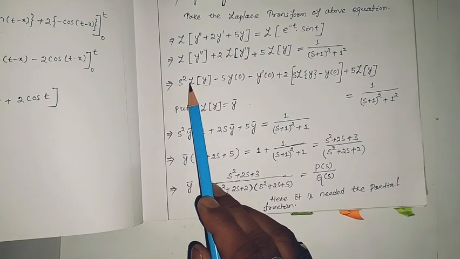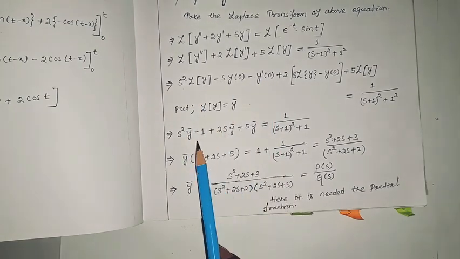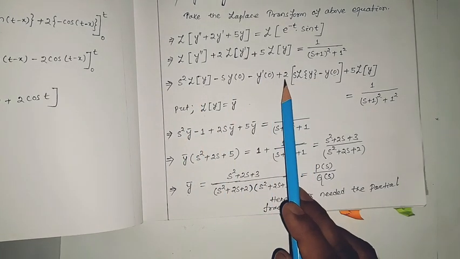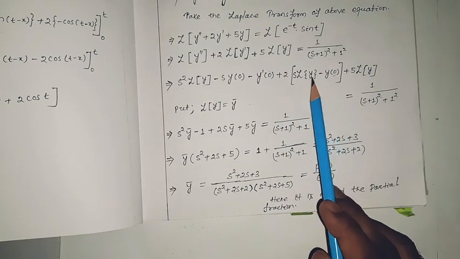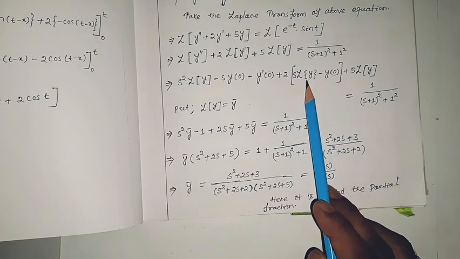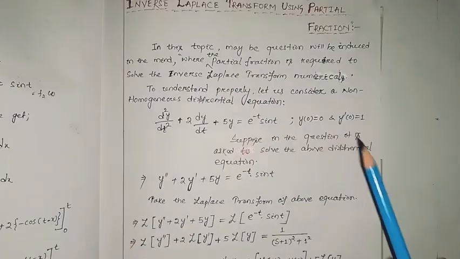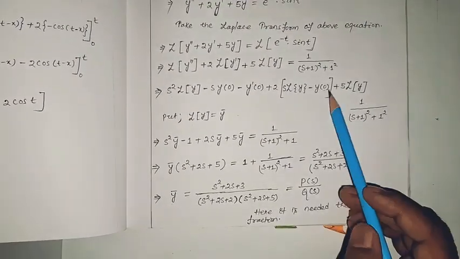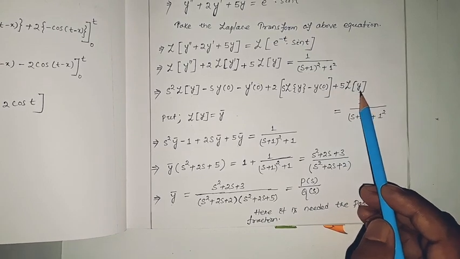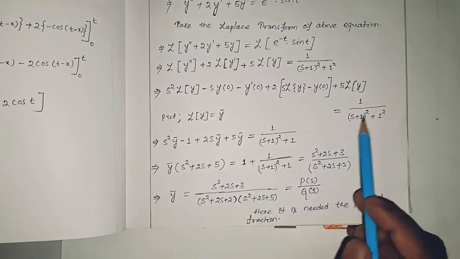So here s square Laplace transform of y, this value will be minus 1, plus 2 into this term, that is 2s y bar, and y(0) is given as 0, so this term will be cancelled out. 5 Laplace transform of y means 5 y bar, equal to this much.